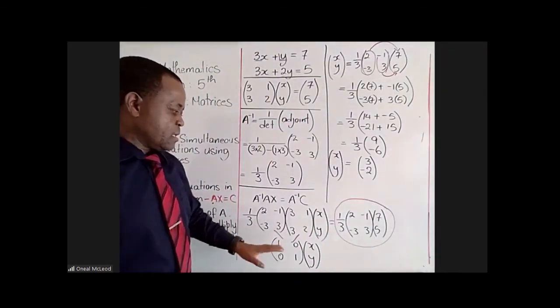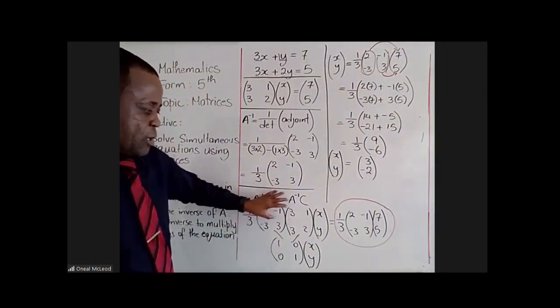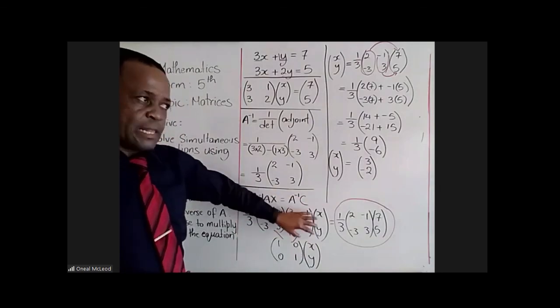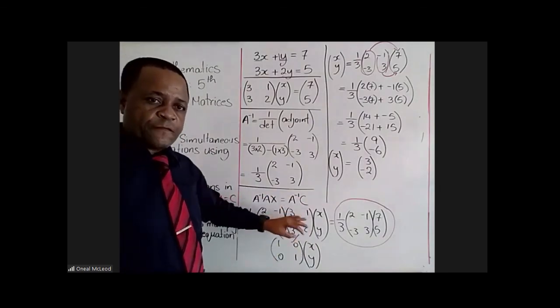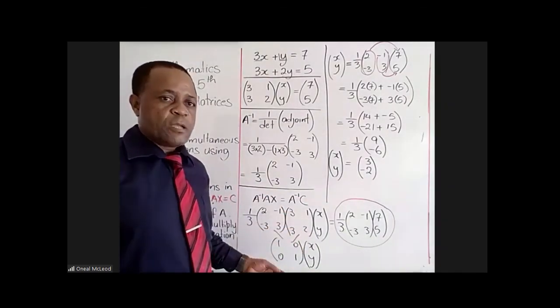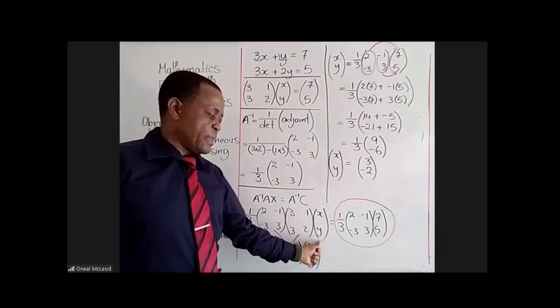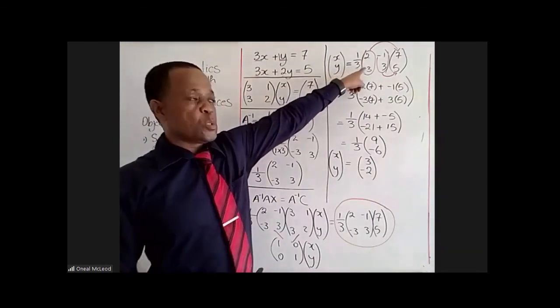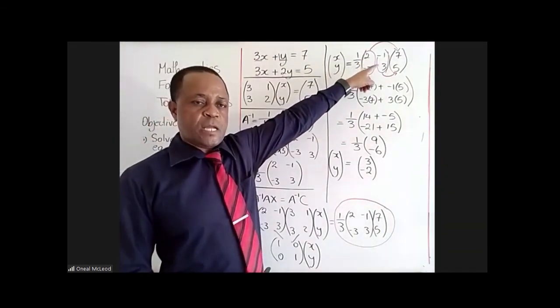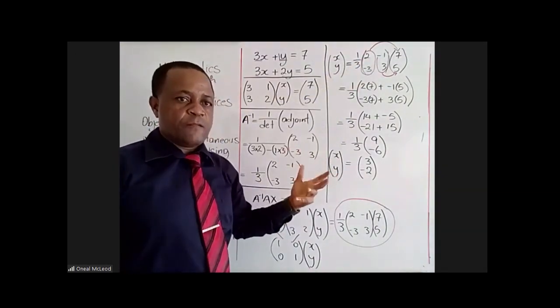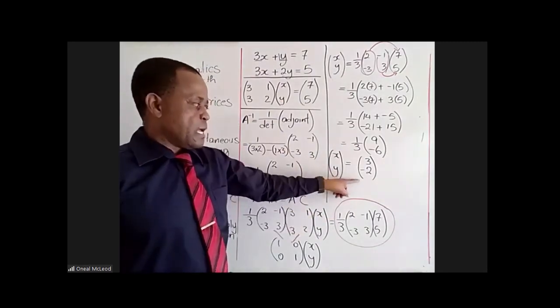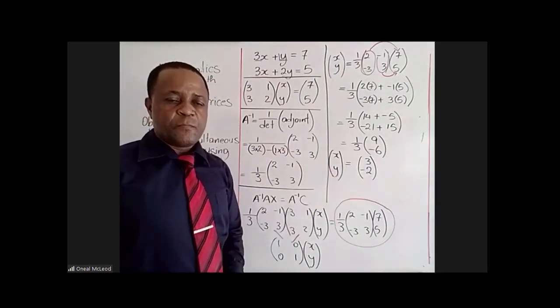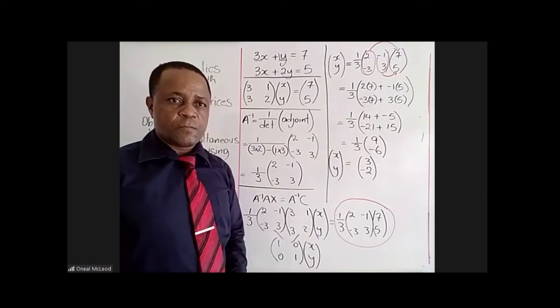But what we're actually saying here is that the multiplication of the left-hand side with the inverse is not really necessary because we know what the answer will be. So all we need to do is to multiply the constant by the inverse matrix. And that now would solve the pair of simultaneous equations.